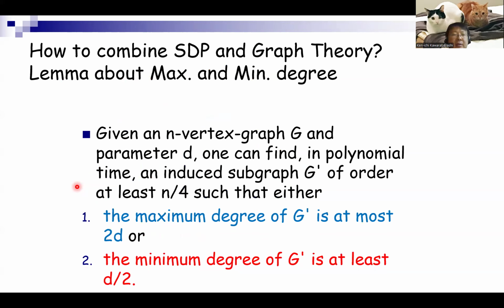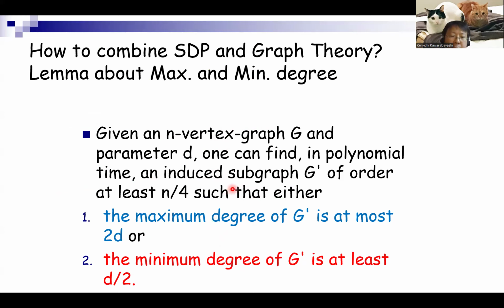At the beginning, I said that the result is a combination of SDP and graph theory. In order to know why we need both SDP and graph theory, we have the following lemma, which is actually due to Arora, Chlamtac and Charikar. The statement says the following.